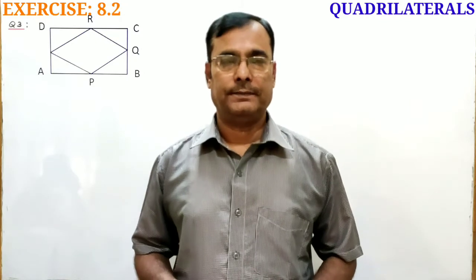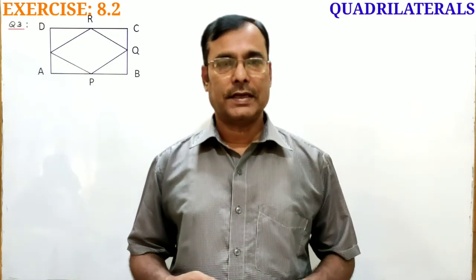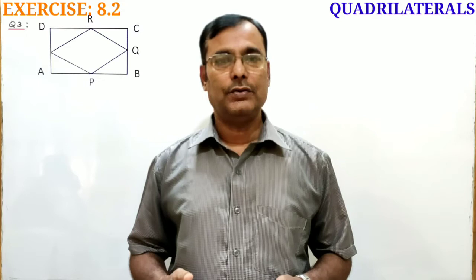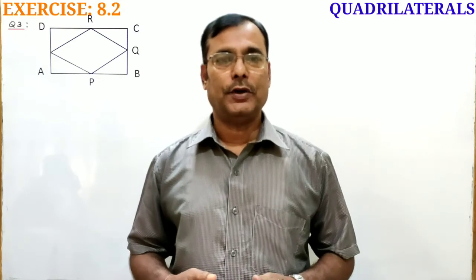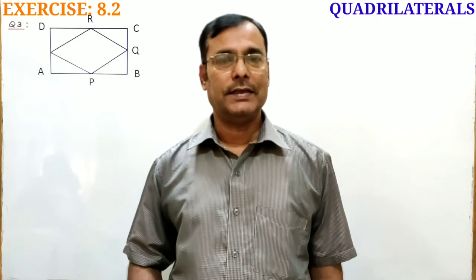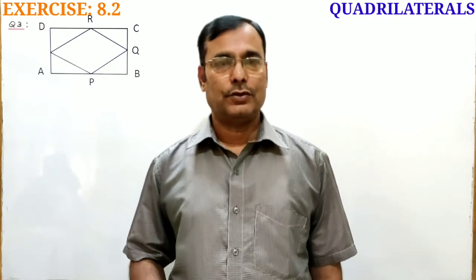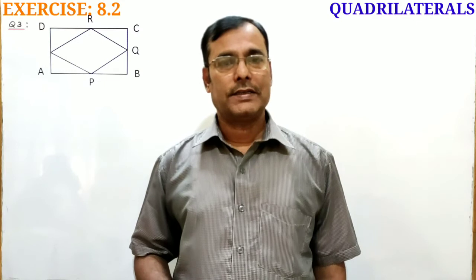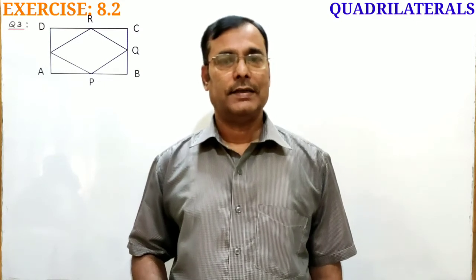Question number 3. ABCD is a rectangle and P, Q, R and S are midpoints of sides AB, BC, CD and DA respectively, so that the quadrilateral PQRS is a rhombus.